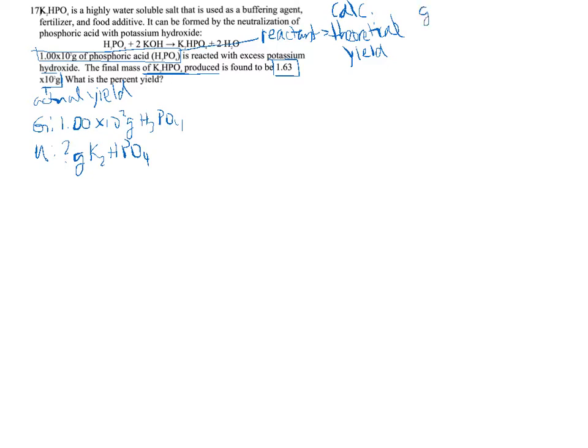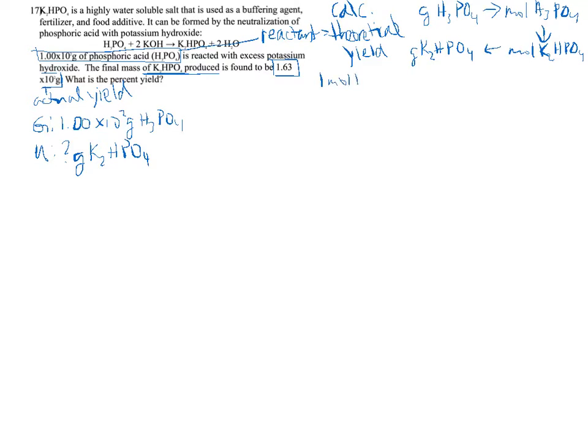We've got to go from grams of H3PO4 into moles of H3PO4, into moles of K2HPO4, into grams of K2HPO4. So that's three conversions. Grams to moles, moles to grams, always molar mass. Mole to mole ratios, always coefficients. So we're going to have to do two molar masses, one for each substance, and a mole to mole ratio.